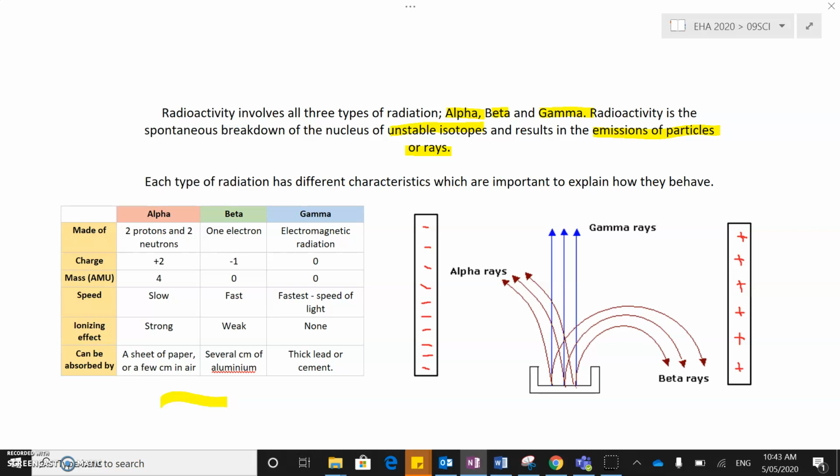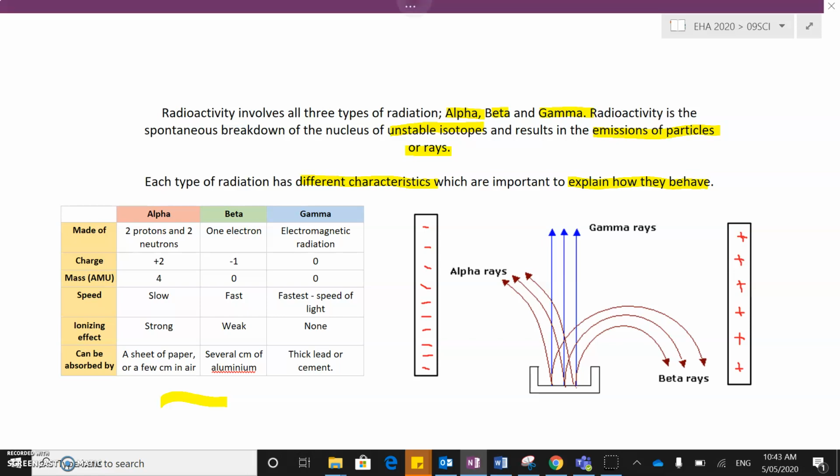Each type of radiation has different characteristics which are important to explain how they behave. The characteristics of each of these types of radiation help us to explain how they behave when exposed to different things. So this information I've actually gathered from our ClickView video that we viewed in the radiation lesson. I'll just run you through some key points here.